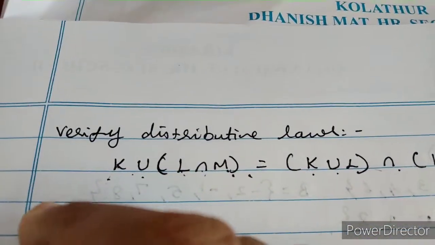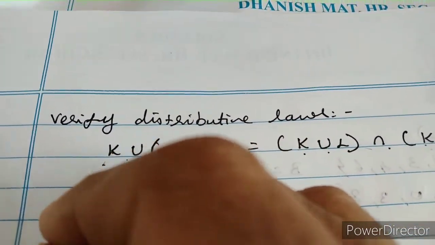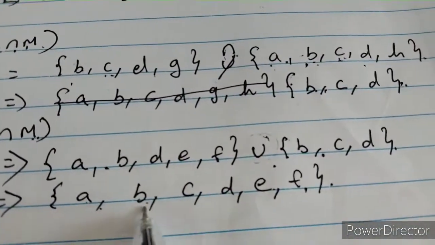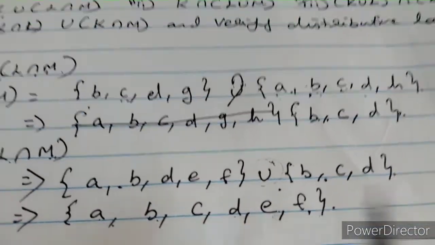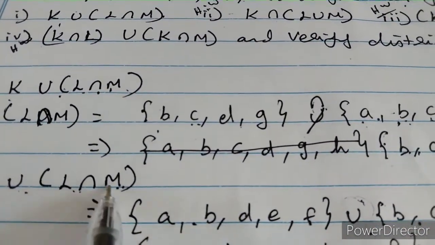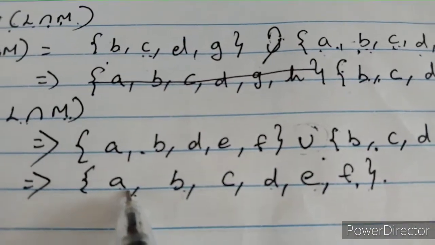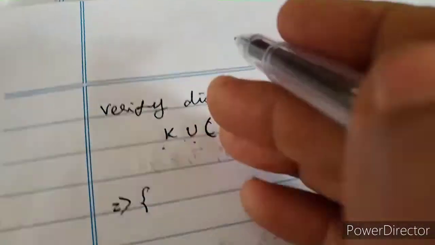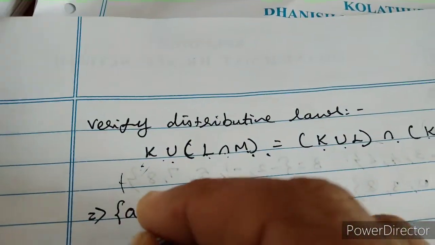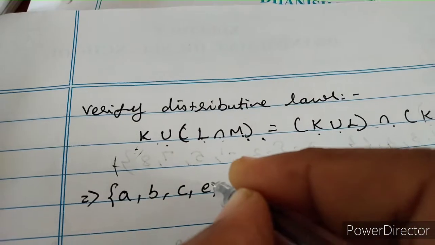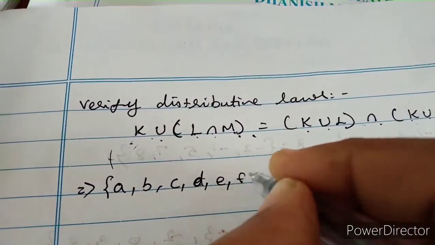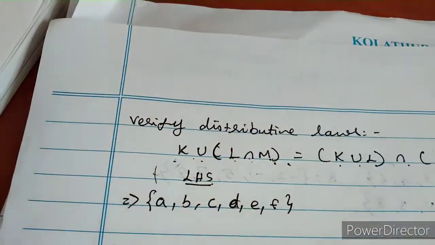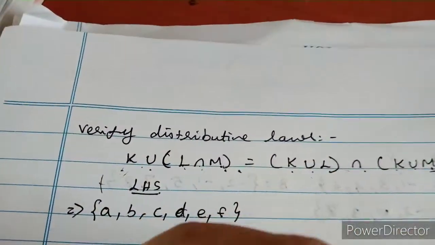So take and write down that value. What we found out: A, B, C, D, E and F. Take and write it down in your left hand side: A, B, C, D, E and F. Now you have to find out your right hand side.